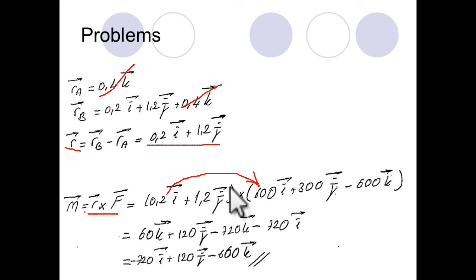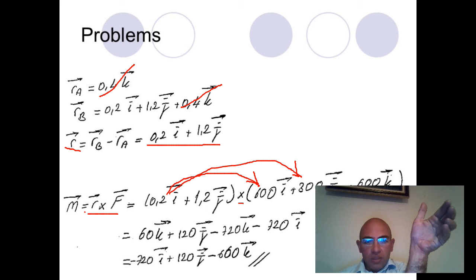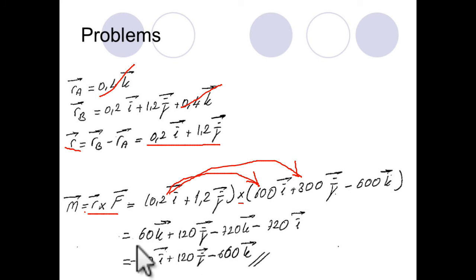Now next we will multiply the i component with the j component. So this term with this term. If you multiply i with j, you put your elbow on the x-axis and curl your fingers towards the y-axis. As a result, your thumb will show you the z-axis. In fact, it is the k vector. 0.2 multiplied by 300 will give you 60, so it is 60 k.